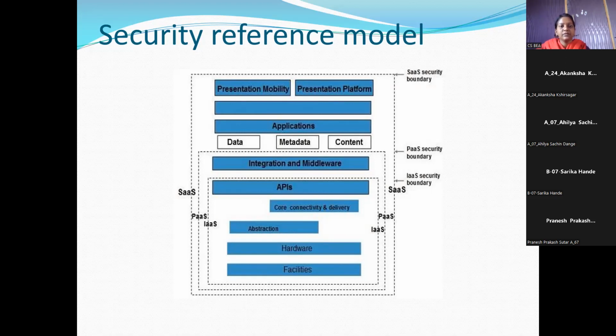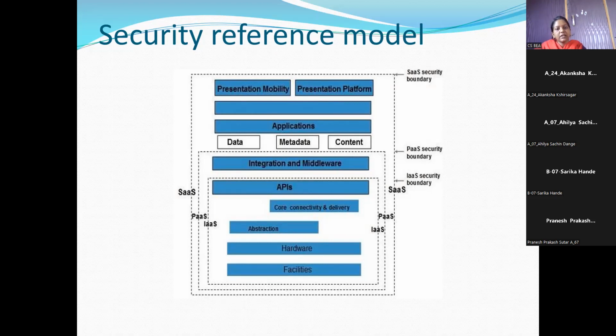Then moving upward, each of the services inherits the capabilities and security concerns of the model beneath. IaaS provides the infrastructure, PaaS provides the platform development environment, and SaaS provides the operating environment. Again, IaaS has the least level of integrated functionalities and integrated security, while SaaS has the most, which is shown in the diagram over here.